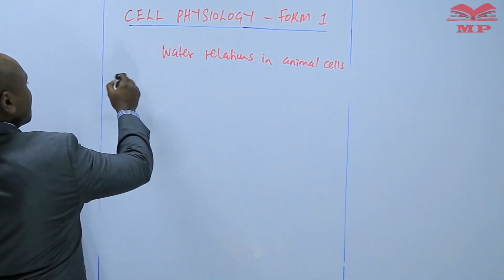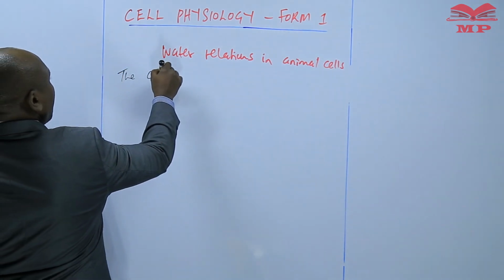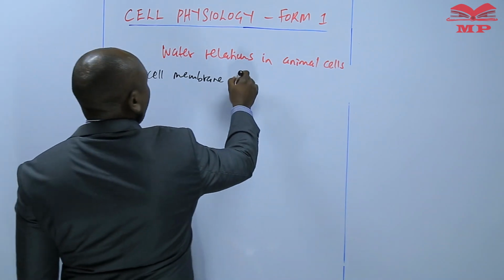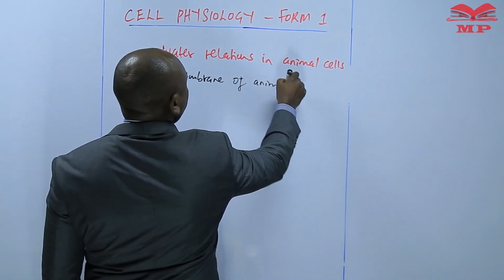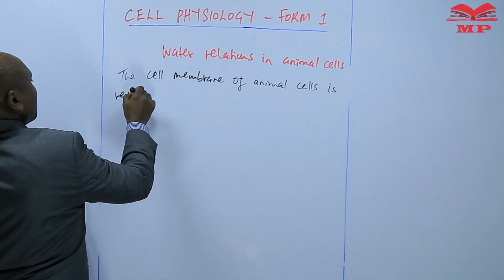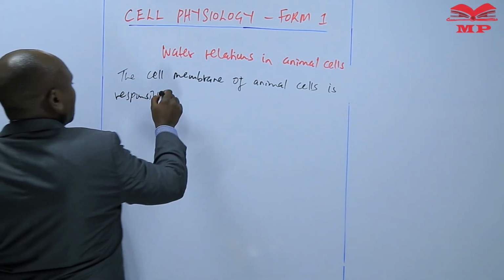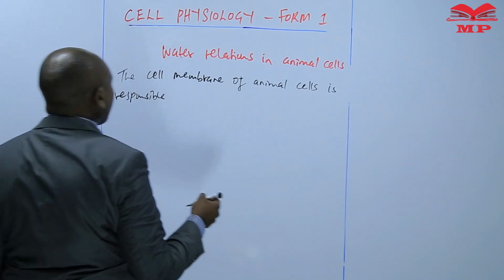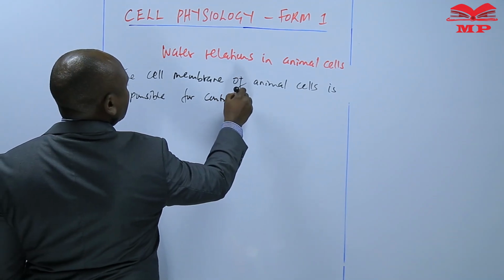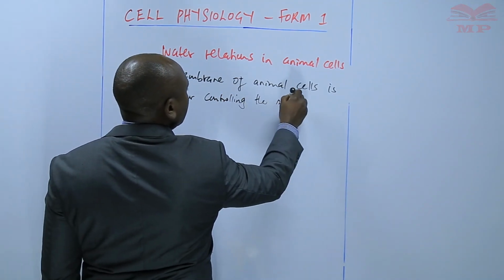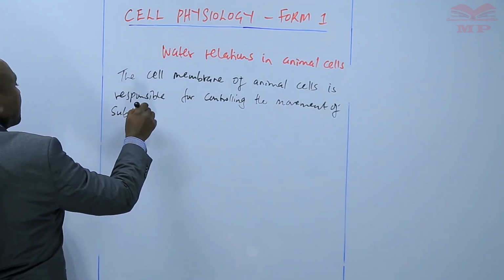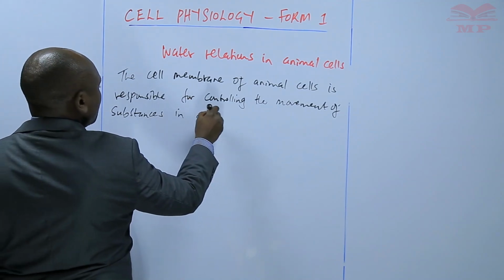But before that, we can say that the cell membrane of animal cells is responsible for controlling the movement of substances in and out of the cell.